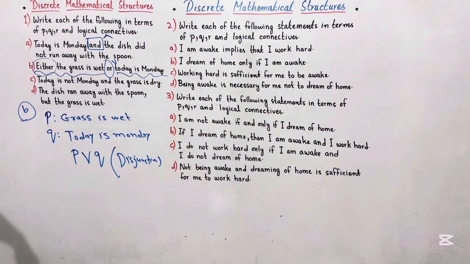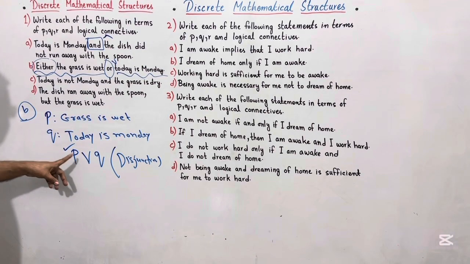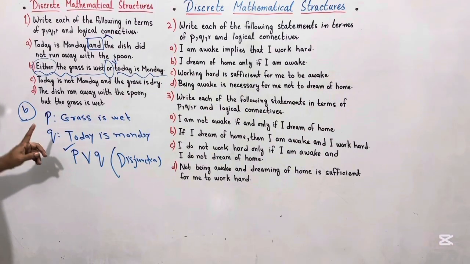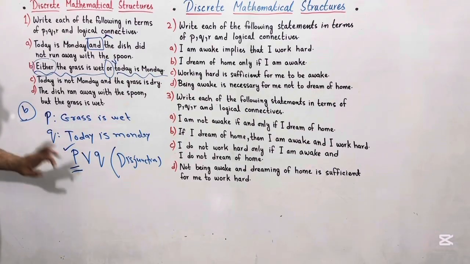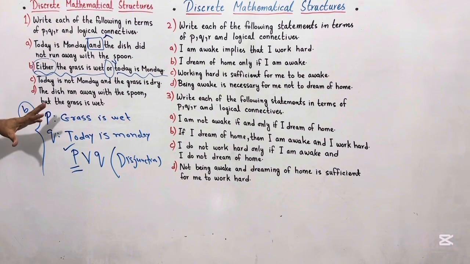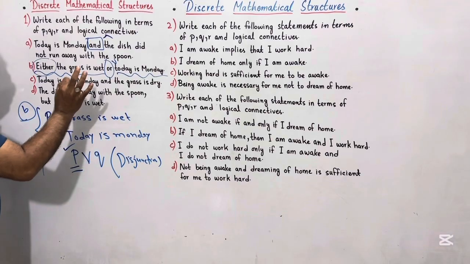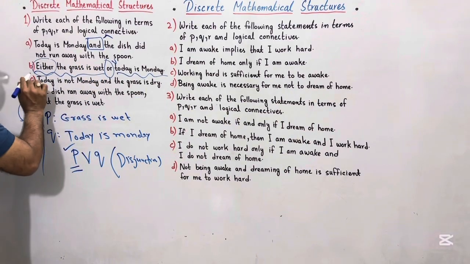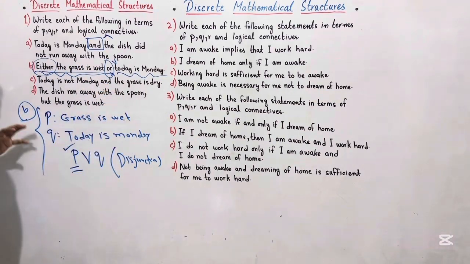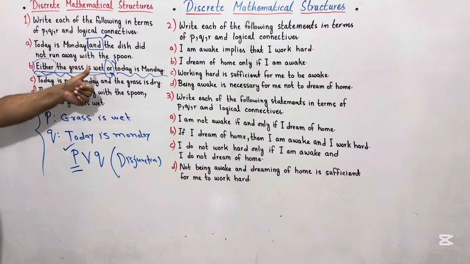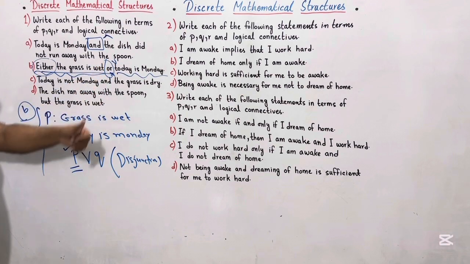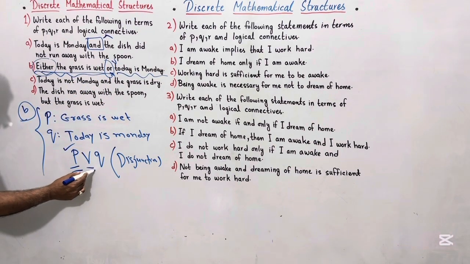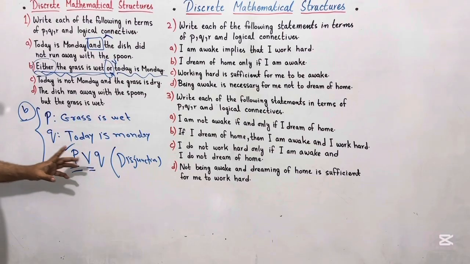That is the way to use disjunction. Disjunction, in the case of either or, only or for choice, shows disjunction, and we have utilized or here.